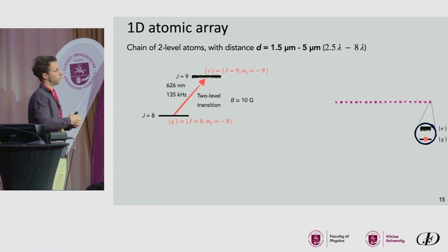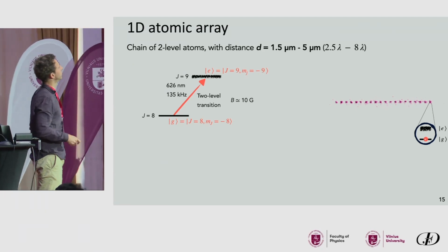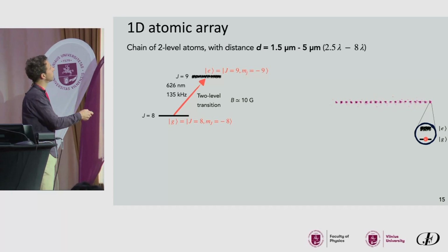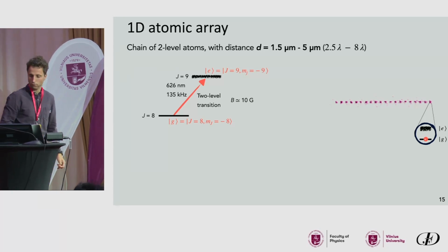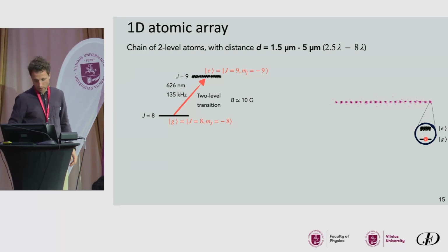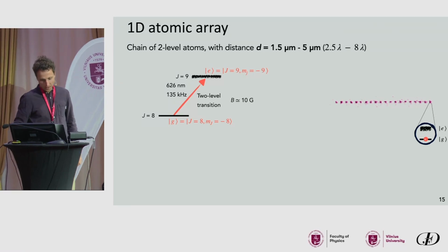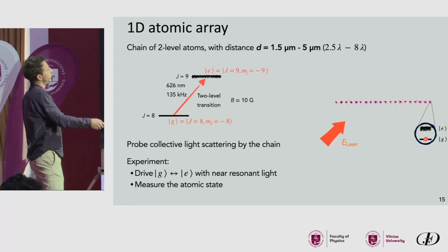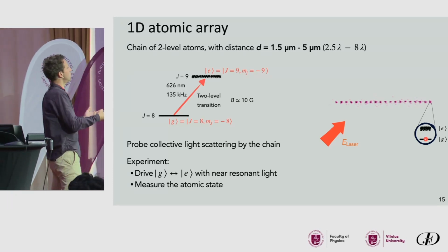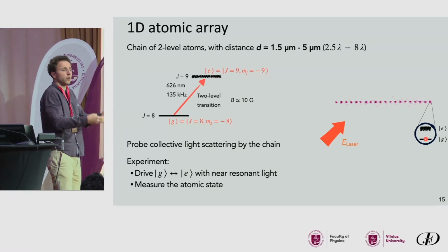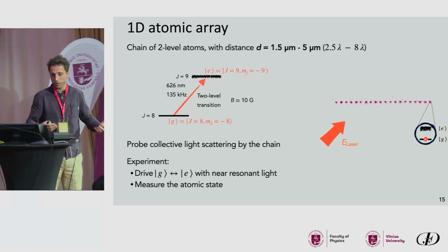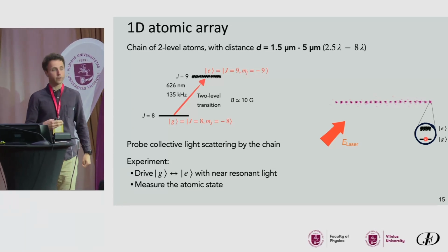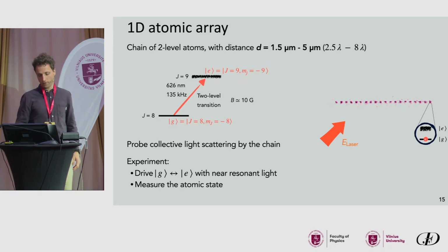And you can ignore all the other Zeeman states when you perform the experiment, as soon as you have even a very small magnetic field. Then we just scatter a resonant laser off of this chain of atoms, and we probe what happens. How do they collectively absorb light? What is the excited state fraction, essentially, of these atoms?